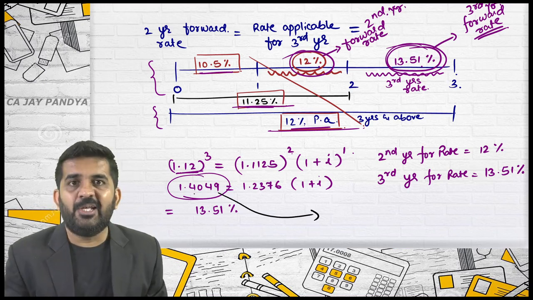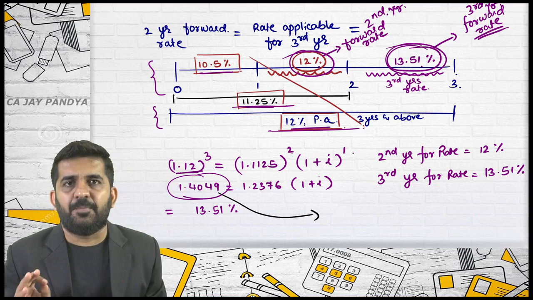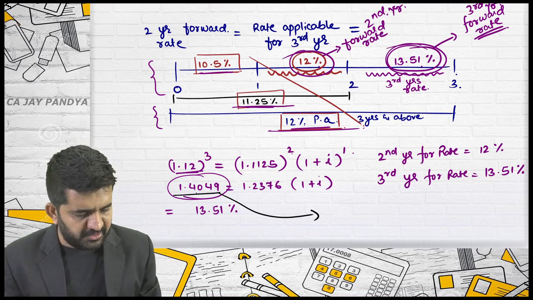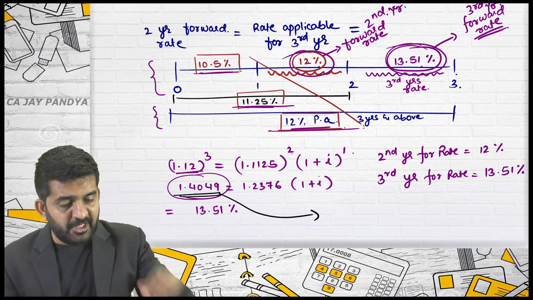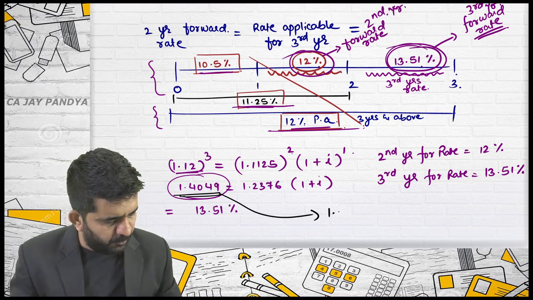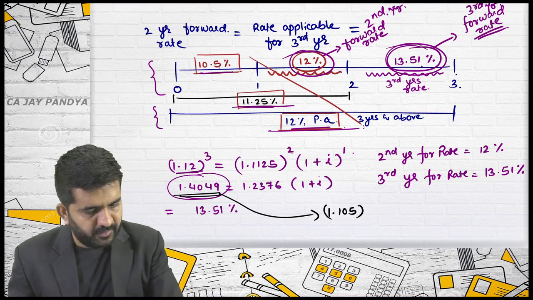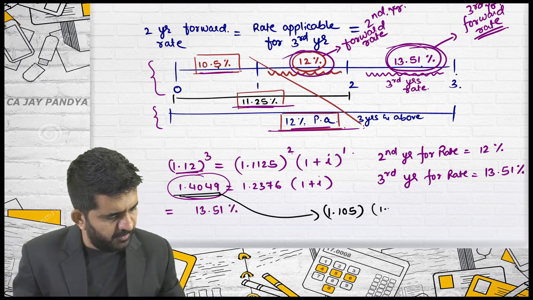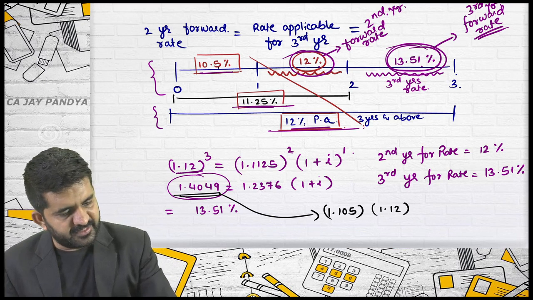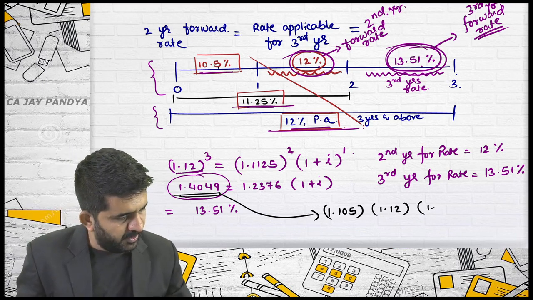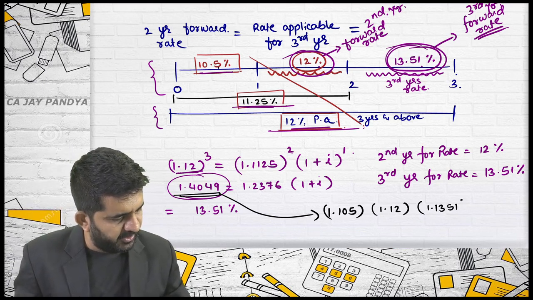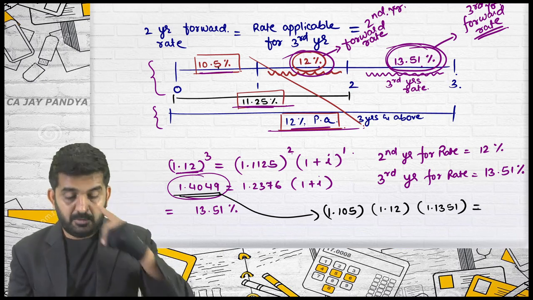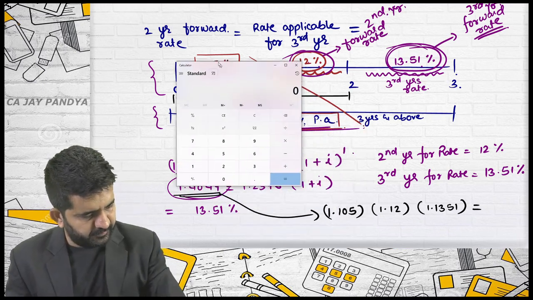This is the value if you invest 1 rupee today at the end of 3 years. Then it should be the same as this also. 1.105 for the first year, 1.12 for the second year, 1.1351 for the third year. Let me find out whether it is the same or not.